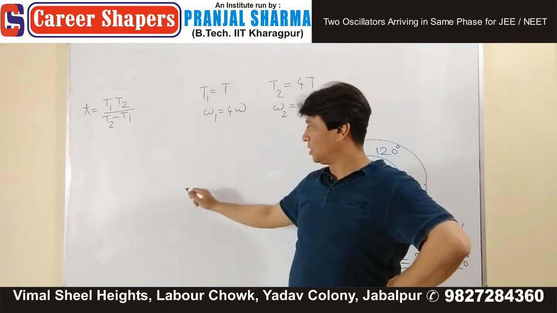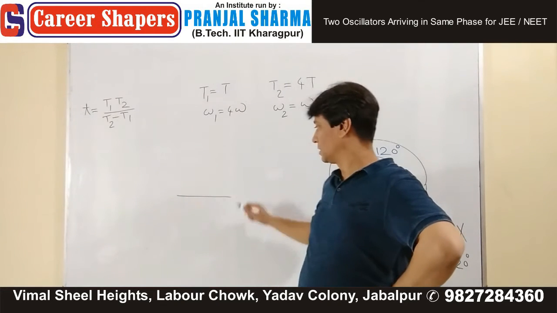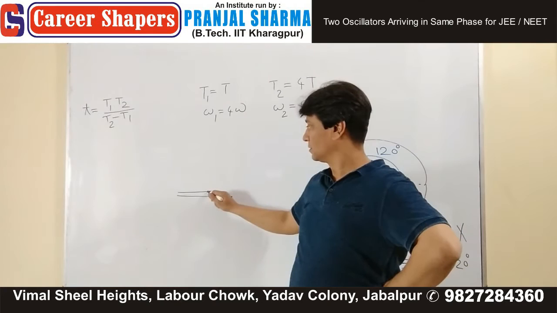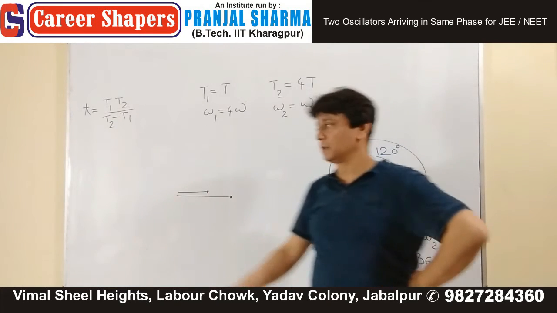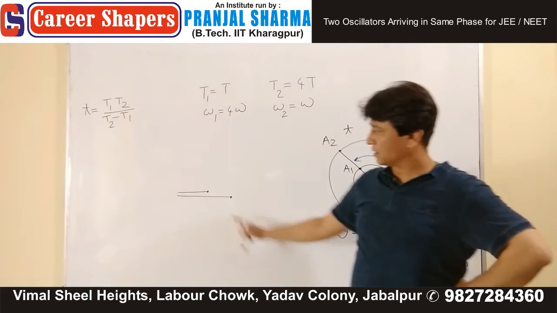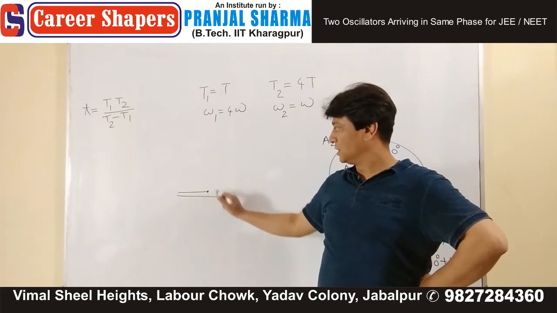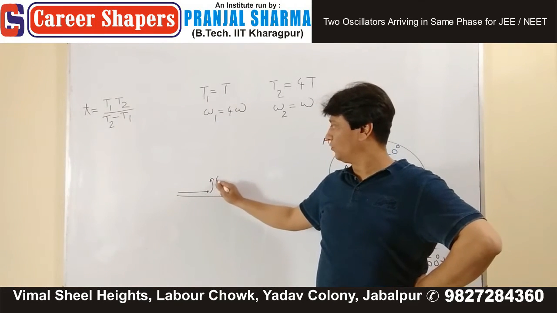These are the two rods. This one is faster, rotating with 4 omega.